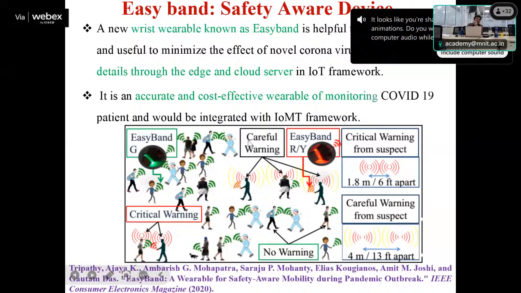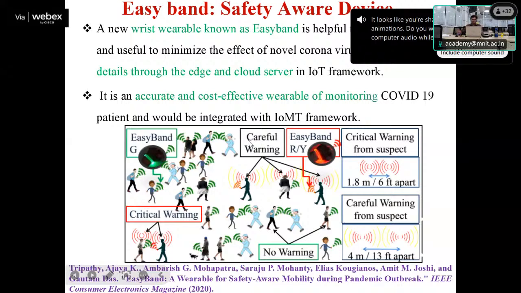If a COVID infected person with a red indication in an easy band comes in close contact with a healthy person with a green indication in their easy band, then it is automatically converted into yellow.